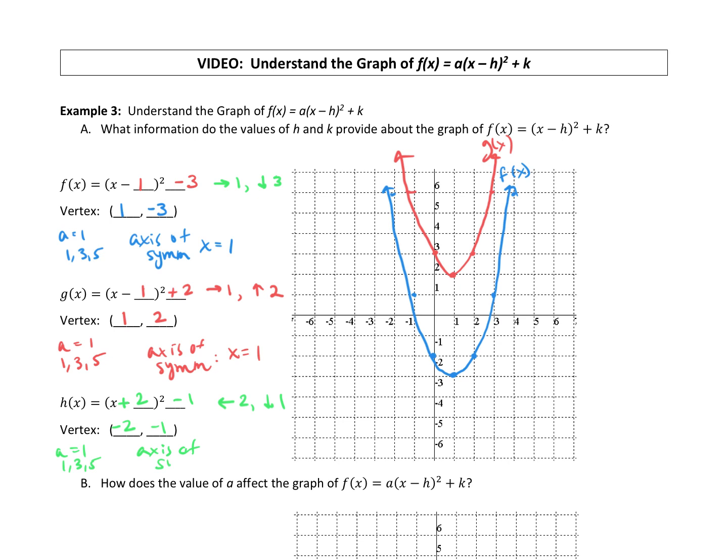Axis of symmetry, oh, I did not leave myself a lot of space for part B here, kind of crowding my graph, is going to be x equals negative 2. So let's graph that. Our vertex is negative 2, negative 1. Graphing pattern: up 1 to the right one, up 3 to the right one, up 5 to the right one. I can kind of get that 1 unit off the graph.